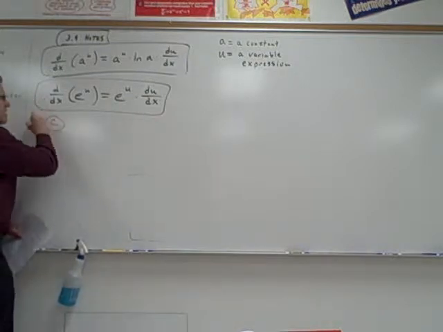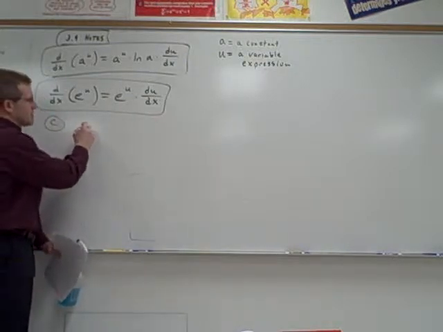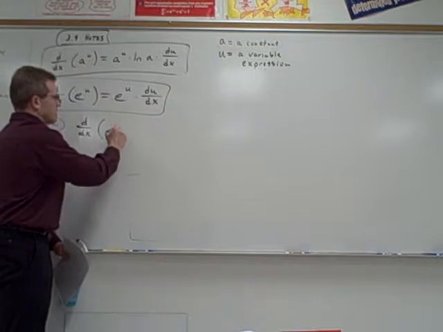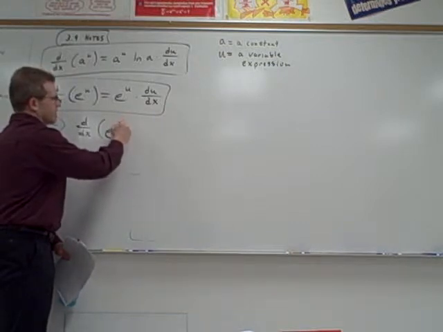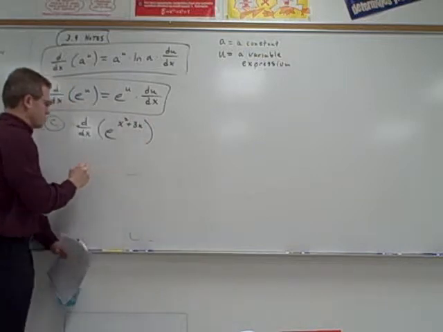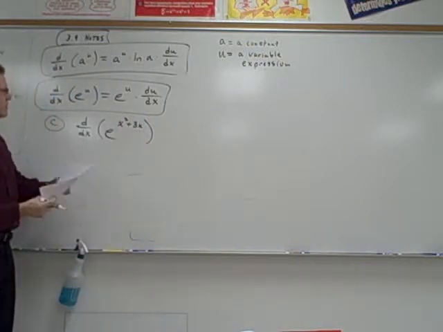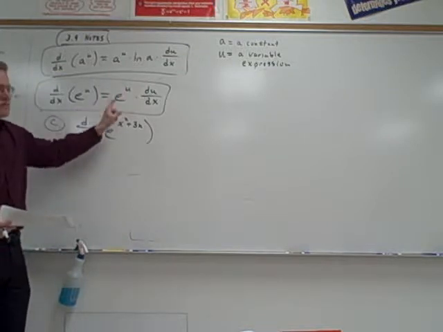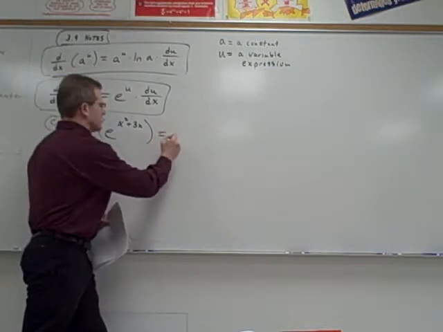So example C, I just did A and B. Let's say I was going to do the derivative of e to the x squared plus 3x. So all I would do is copy down the problem and then multiply by the derivative of the exponent. These are not hard. Copy it down. Here's the answer.